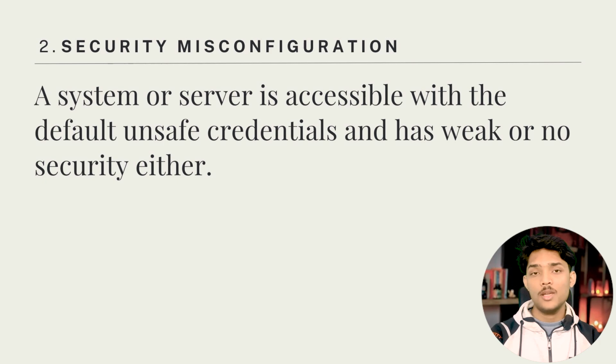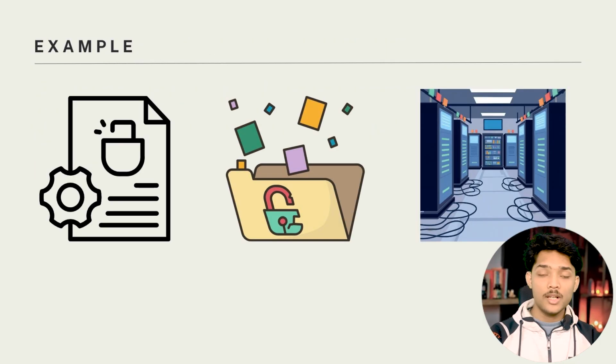This is what security misconfiguration is. Basically, a system or a web application is deployed with default and unsafe credentials or incorrect settings that shouldn't be there. The major impact it can cause is information disclosure, data leaks, and even server compromises.